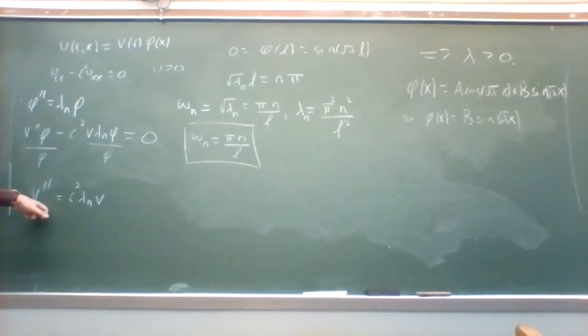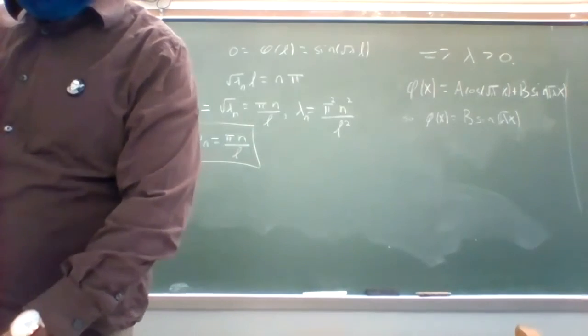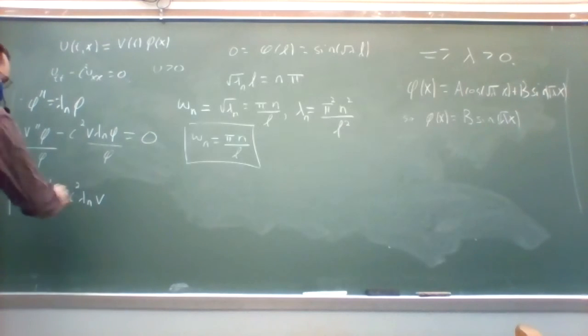So let's solve this equation. I missed a minus sign, because it wasn't lambda n, it was negative lambda n.